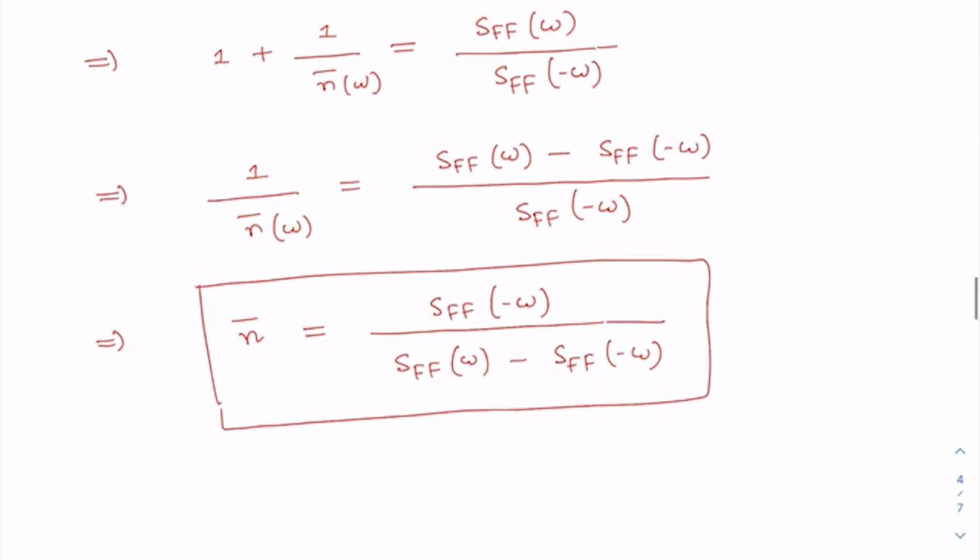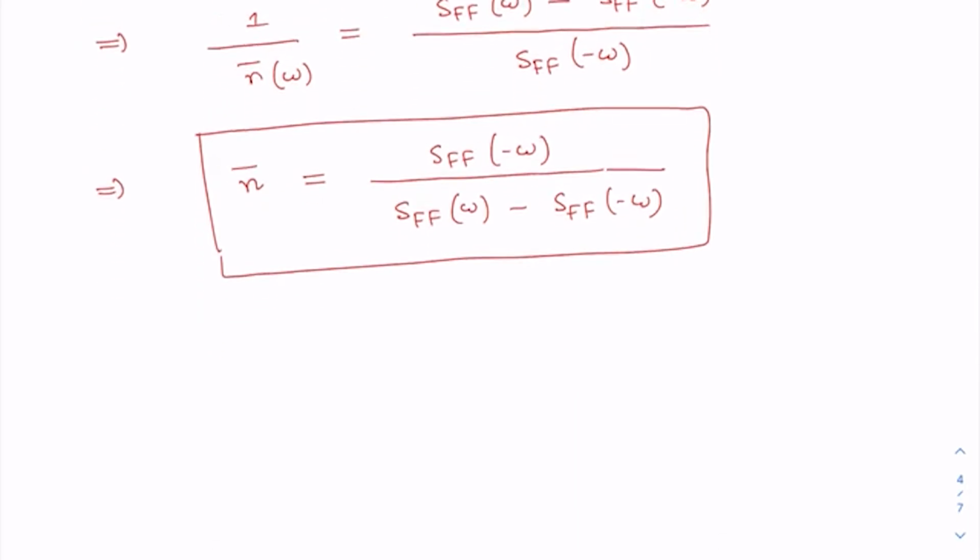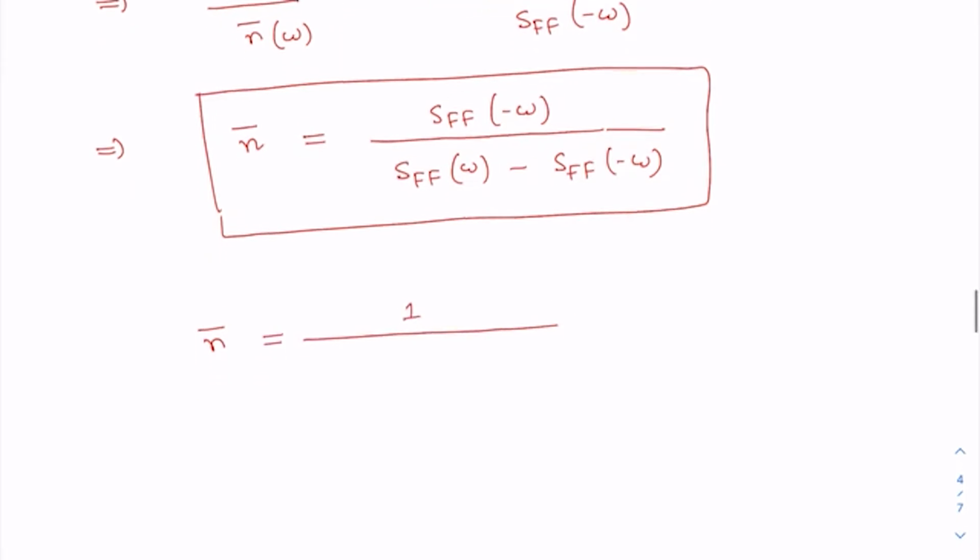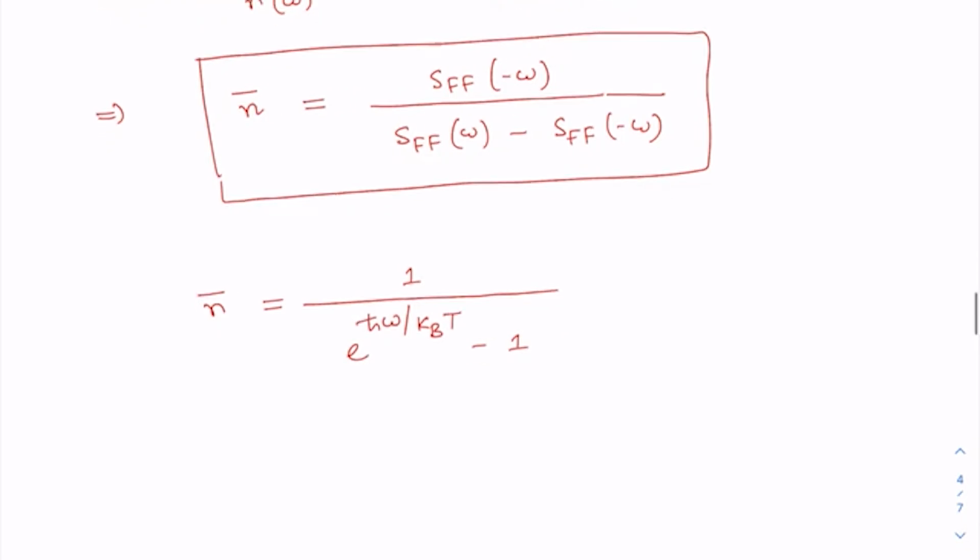Now regarding the temperature, we know that the average number of phonons is given by this expression, 1 divided by e to the power h cross omega by kBT minus 1.